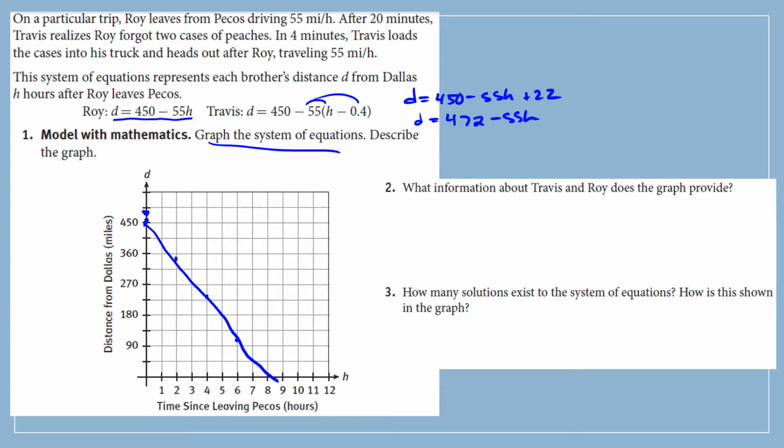And I'm not going to try to find a bunch of points, but I do notice that it's the exact same slope, so these two lines are going to be parallel. I don't know how perfect I'm going to get here. Wow, I can't even draw. Oh boy. Okay, those are 2 straight lines. You're using your imagination here. So when we describe the graph, we get parallel lines.